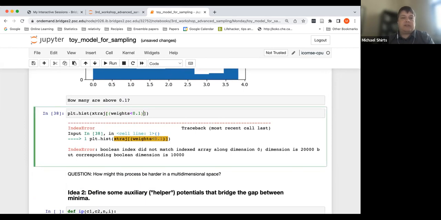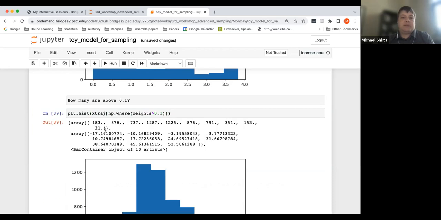Typing too quickly here, so let's make sure we got this right. So weights less than, np.where, that's the thing. What I'm selecting out, the configurations where the weights are big. I want to look at where the weights are big.